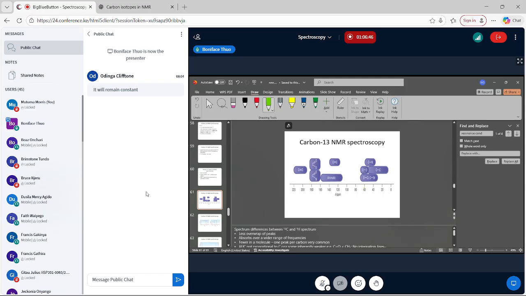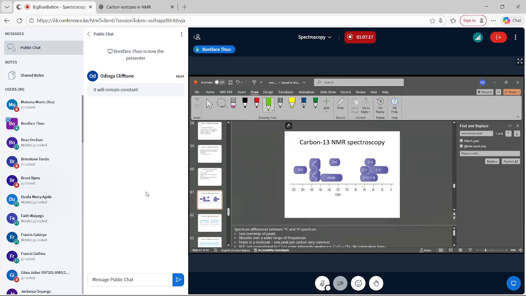The shift for carbons is much wider. It ranges between 0 and 220, while the chemical shift for protons is between 0 and 15, the maximum. So for saturated carbons, between 0 to 65 to 70 is the usual range.